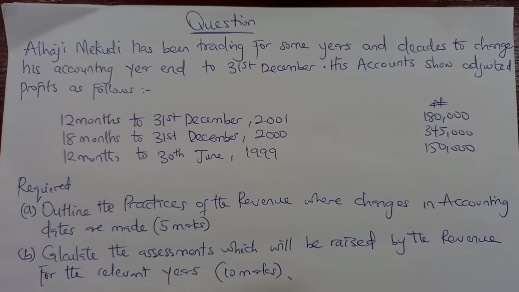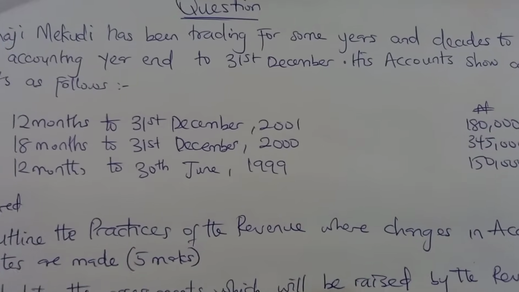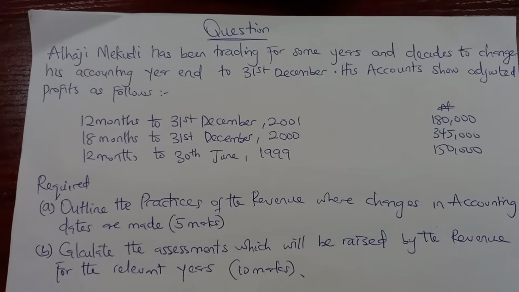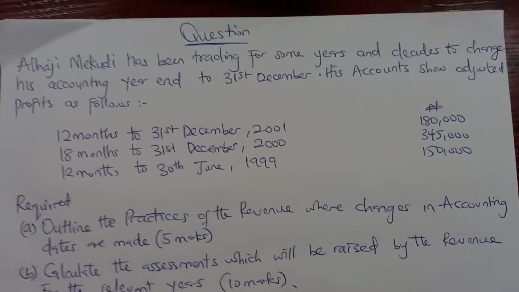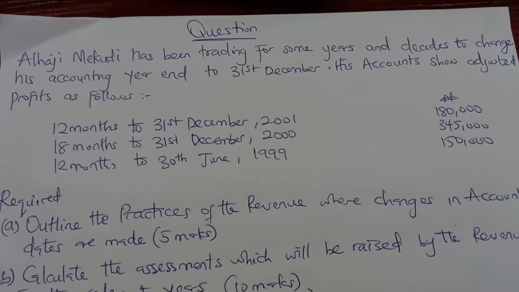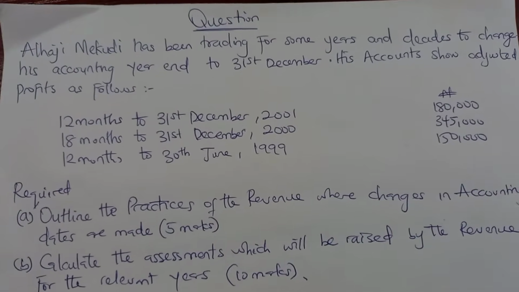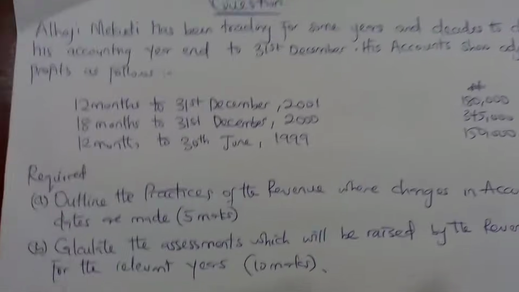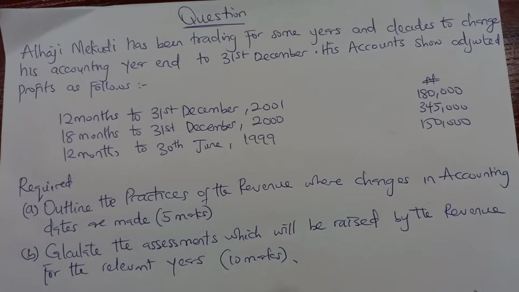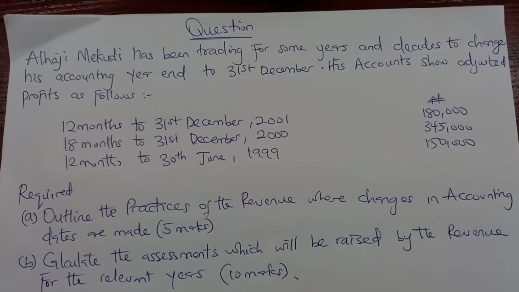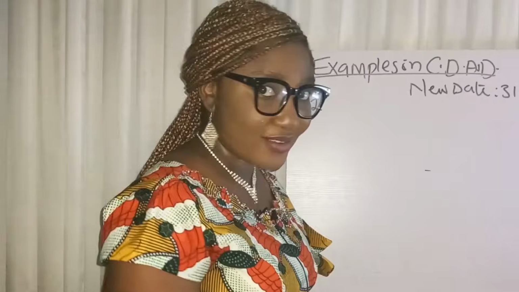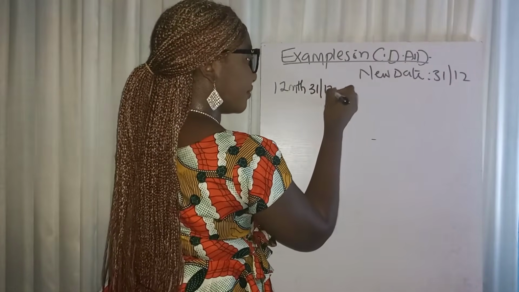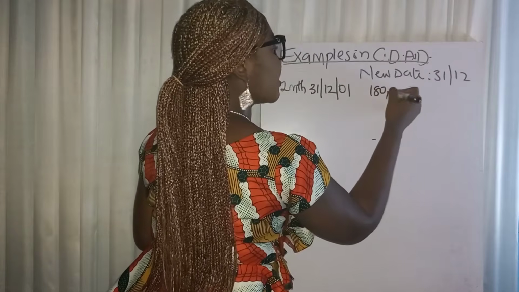Alhaji Mekadi has been trading for some years and he decides to change his accounting year end to 31st December. So it means the new accounting year end is 31st December. His accounts show adjusted profit as follows: 12 months to 31st December 2001, they gave you the profit to be 180,000 naira.